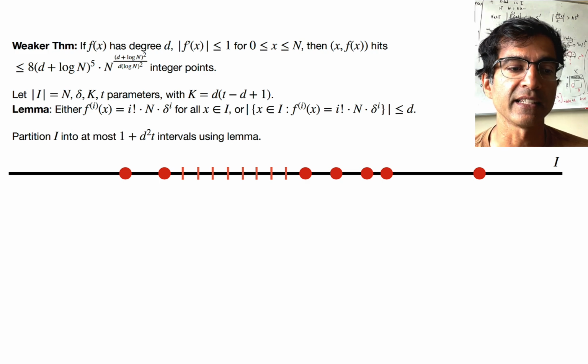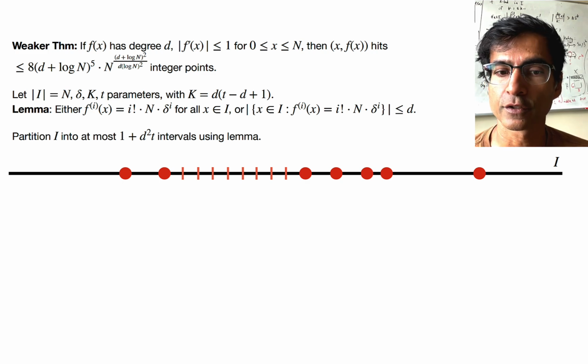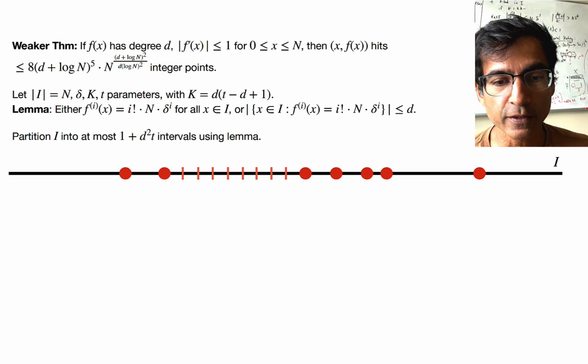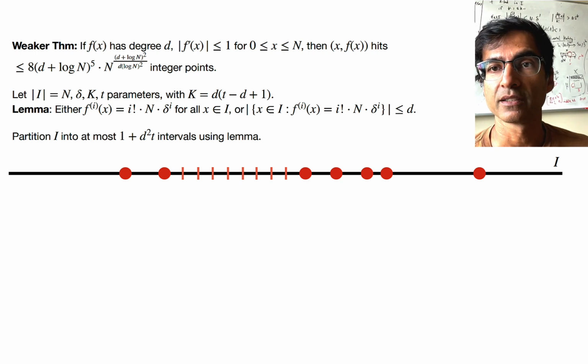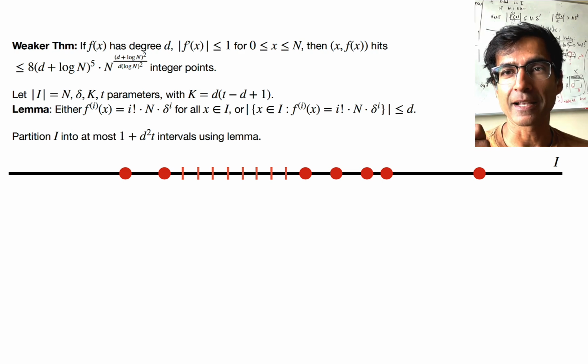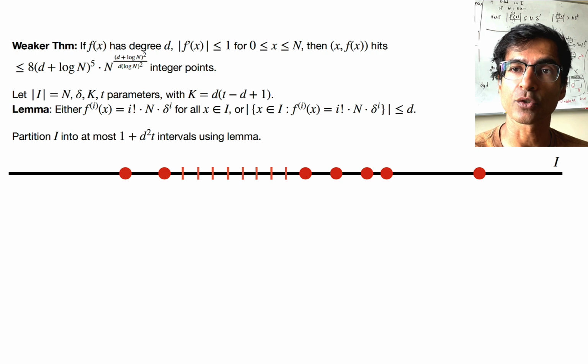So the lemma says that either the ith derivative is equal to the threshold we want it to be in the entire interval, or it takes on that value at most d times. So if we're in this case, we don't do anything. If we're in this case and it takes on the value d times, then take all of those d times that the ith derivative hits that threshold and collect those points.